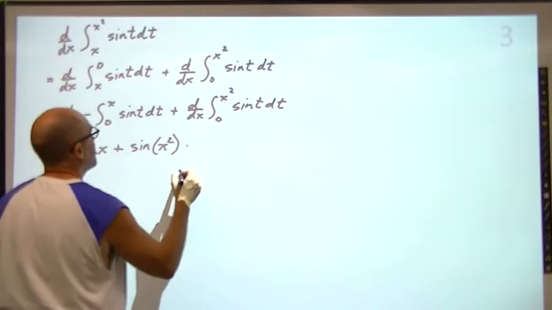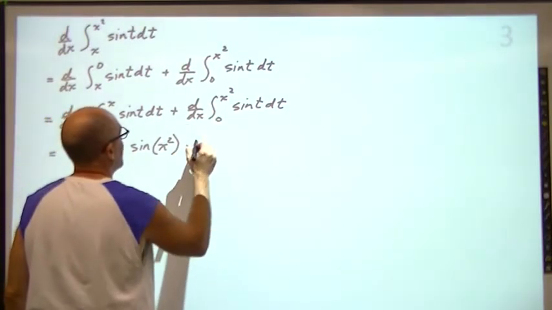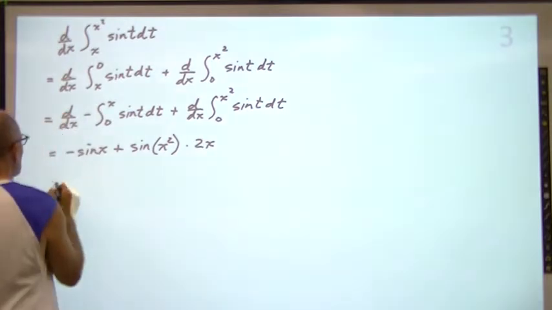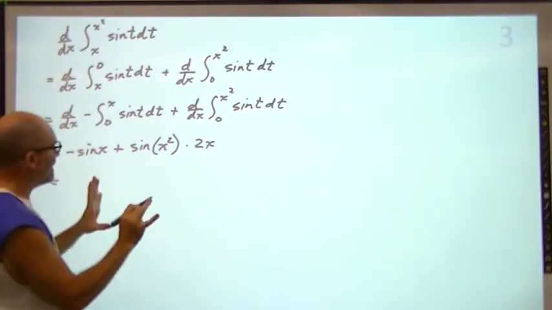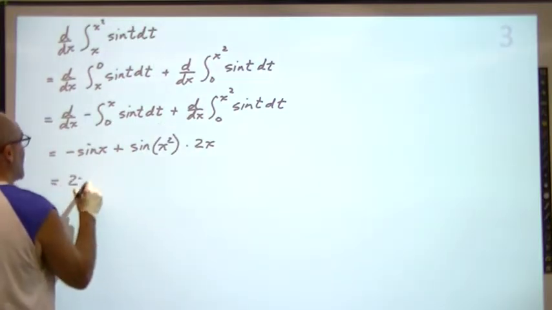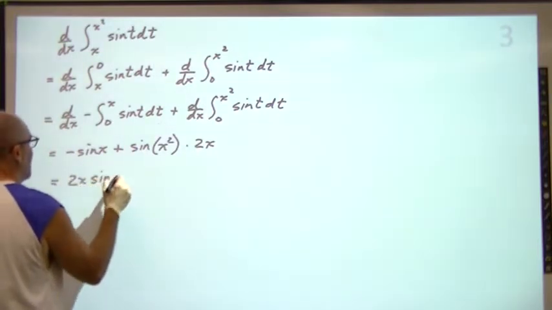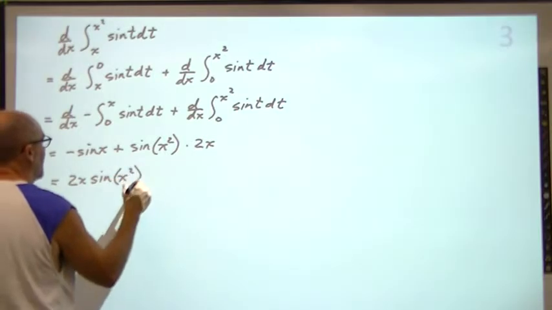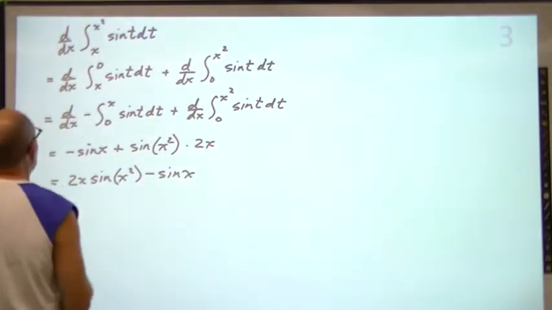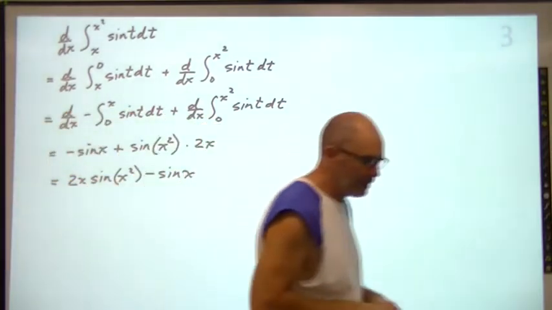So I need to multiply by the derivative of the upper limit, which is 2x. So I'm going to clean this up now and say, put the 2x in front, so 2x sine of x squared minus sine of x. That would be the final answer.